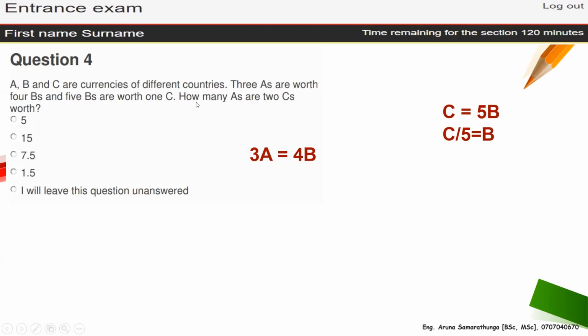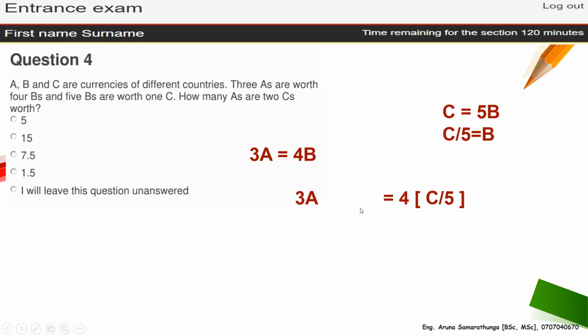So like that. How many As are 2Cs? So you have to remove this B. I'm going to take B as C divided by 5 and put that here.